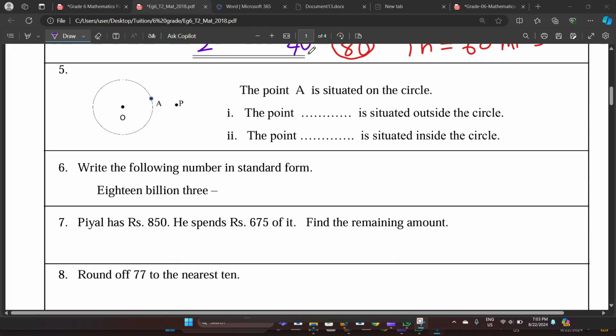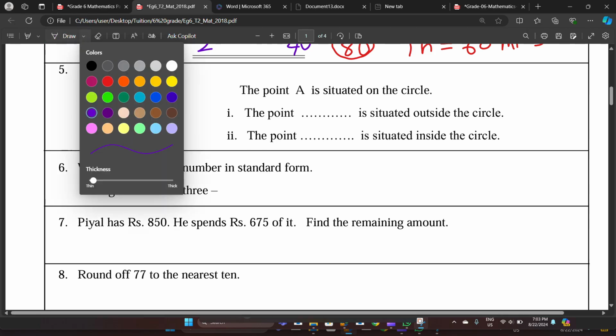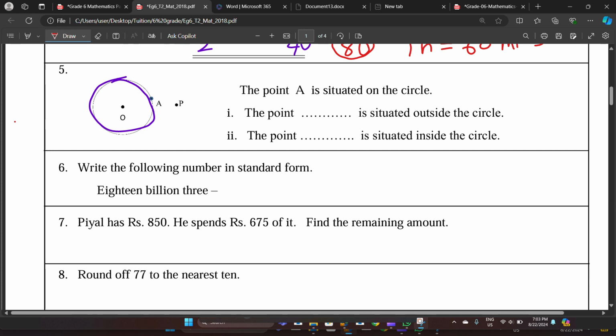The point A is situated on the circle. This is the circle. So the point A is on this circle, on this circular line.